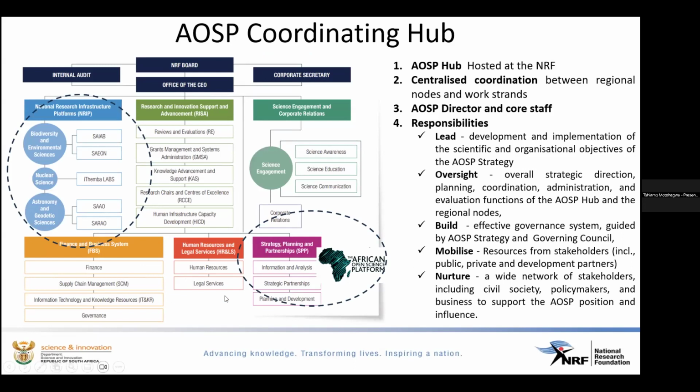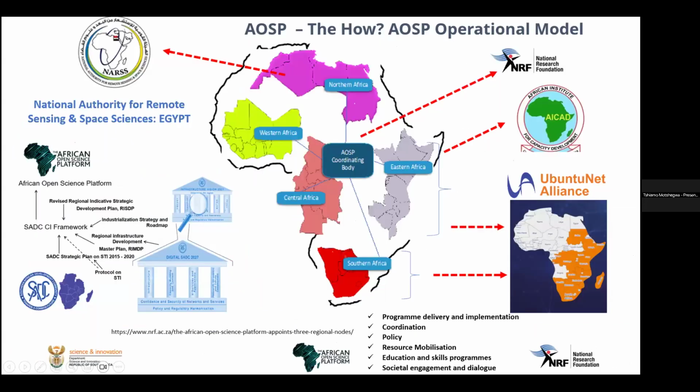NRF is a national research facility that also hosts very large national research infrastructures. And I think this provides very strategic inputs to the coordinating hub to be able to leverage and also provide linkages in the continent.